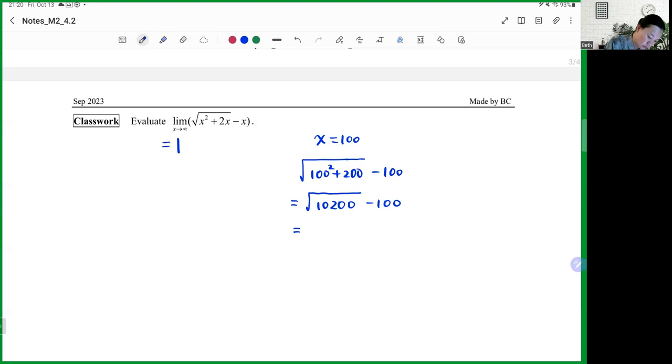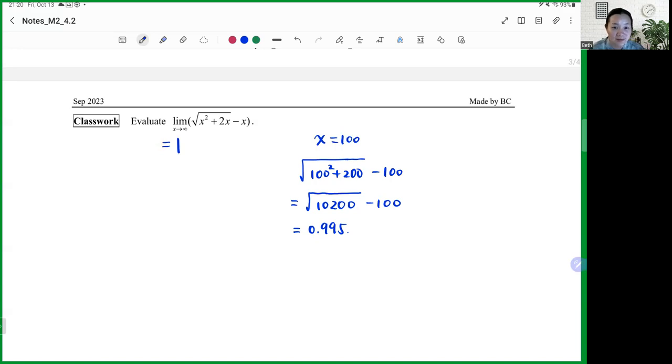I get the answer 0.995. This answer is rather close to 1. So I believe that if I increase the value of x, maybe my answer will get closer and closer to 1. That's how I am more assured the answer 1 is correct.